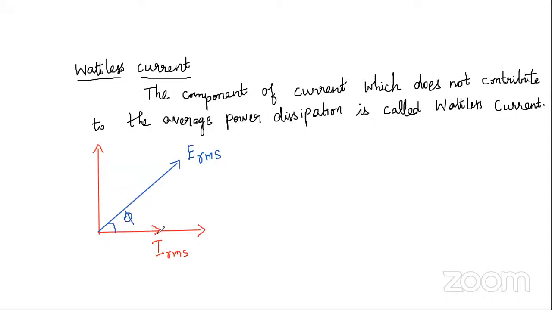Here, if you resolve the component of IRMS along the direction of ERMS, it will be IRMS cos phi, because you have the angle phi here.